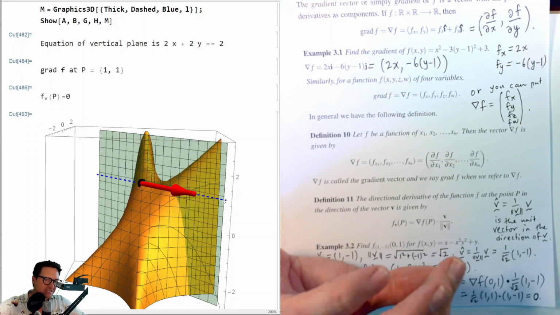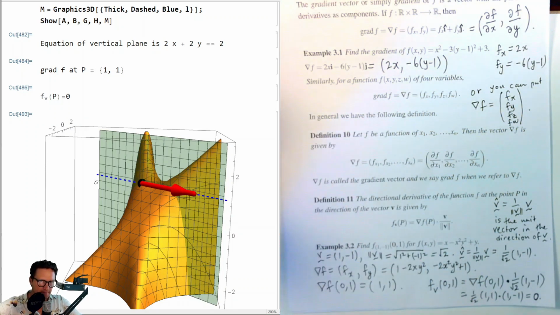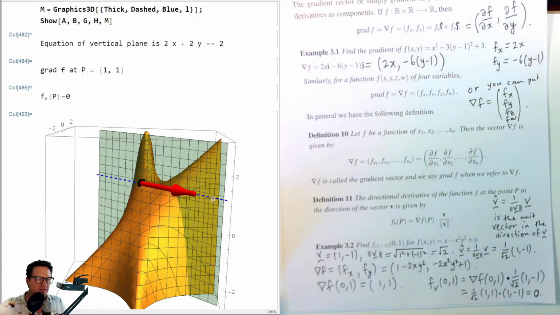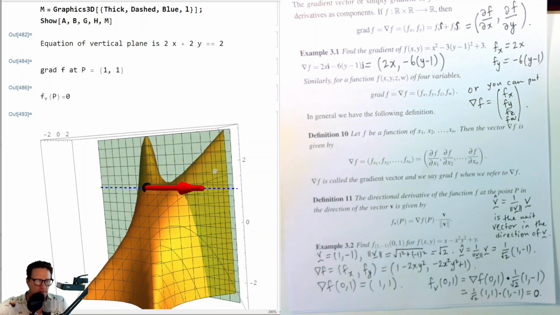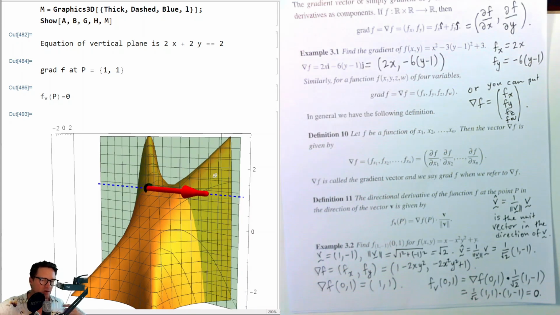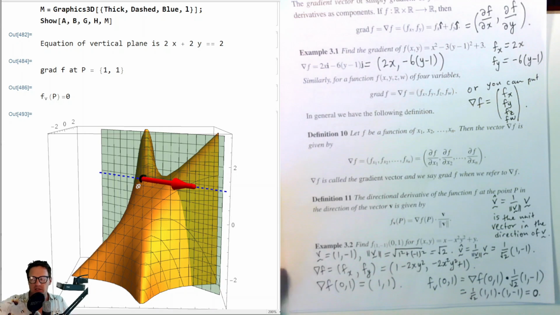Now, I've also drawn a tangent line in dashed blue, right? So we worked out that this slope is 0. So what is the slope of this dashed horizontal line? Well, we see it's horizontal, right? That is showing 0, but this is a bit of a coincidence here because ordinarily the blue line and the red arrow don't coincide, all right? So here in this example, they do coincide, but let's just call it coincidence.